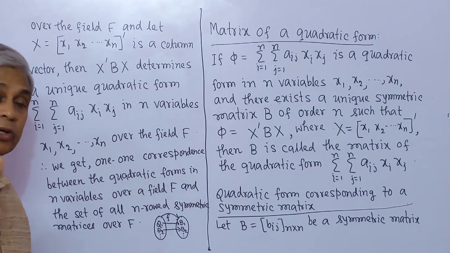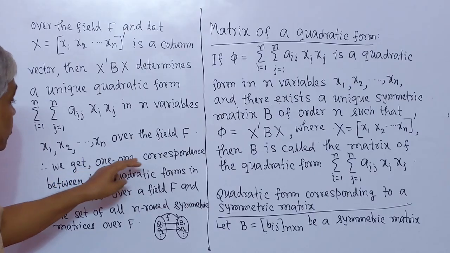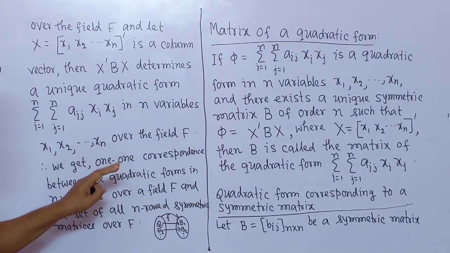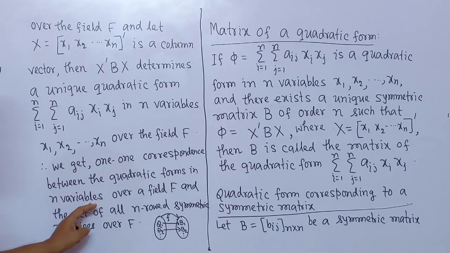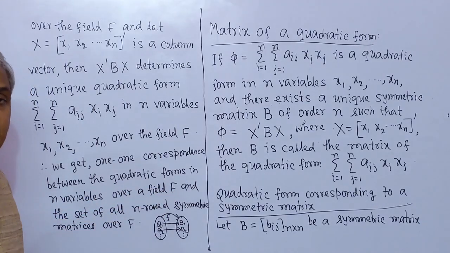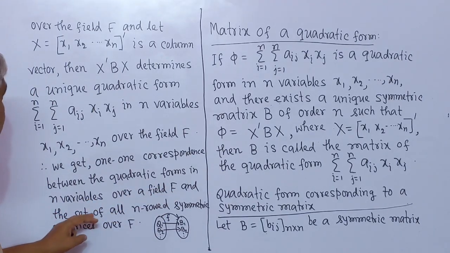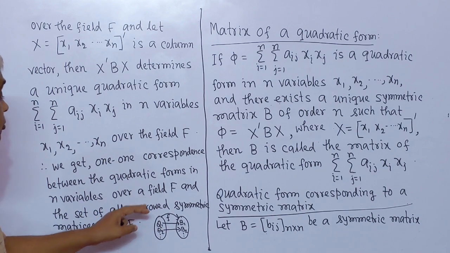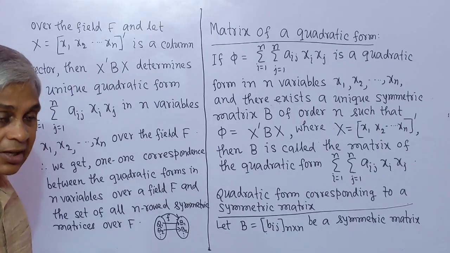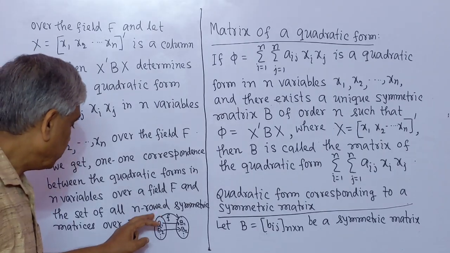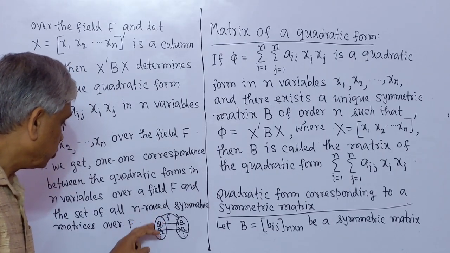Therefore we get a one-one correspondence between quadratic forms in n variables over the field F and the set of all n-rowed symmetric matrices over the field F. That means we have two sets.